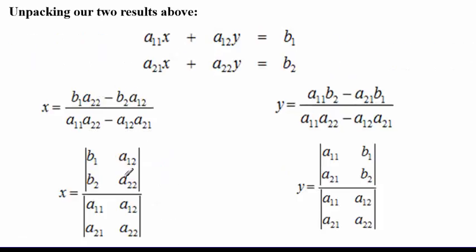Looking at the numerator now, let's say for X, we can see here that we've got A22 and A12. A12, we know this is the position for A12. A22, we know this is the position for A22. We can see it from this coefficient matrix here.